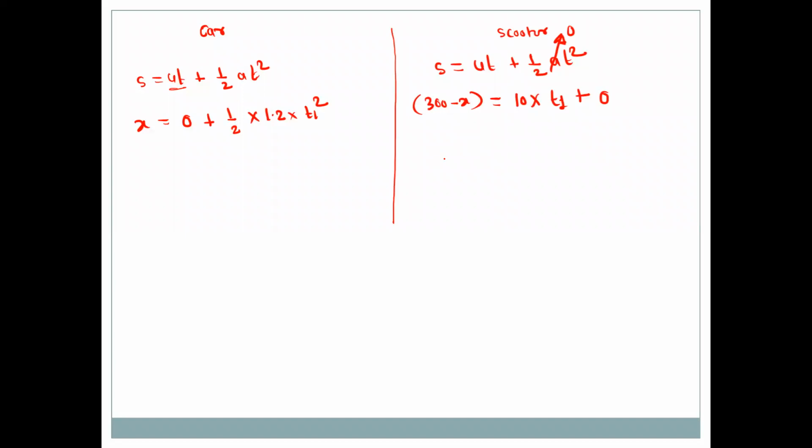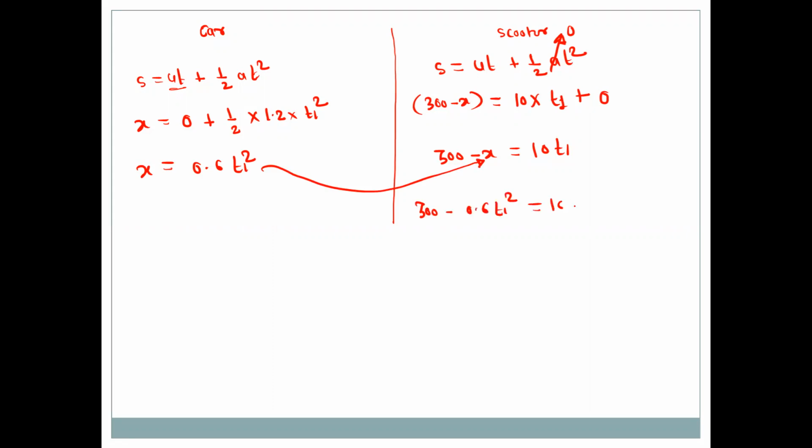So we will get the equation 300 minus x is equal to 10 t1. And x is equal to 1 by 2 into 1.2, so this is 0.6 t1 square. So put this value in this equation. This equation will be 300 minus 0.6 t1 square is equal to 10 into t1.